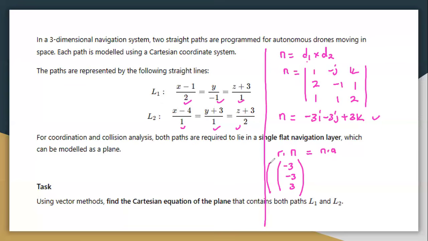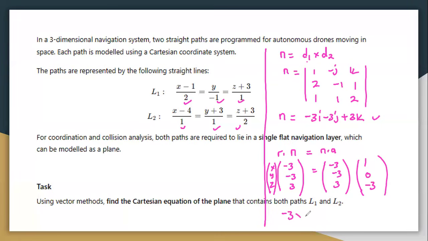And our r, which is x, y, and z, is equal to our normal, which is -3, -3, 3, times a point. A point, feel free to choose either from line L1 or line L2 or use the point of intersection. It is very okay. So allow me to use this. But for whatever point you use, you get the same.